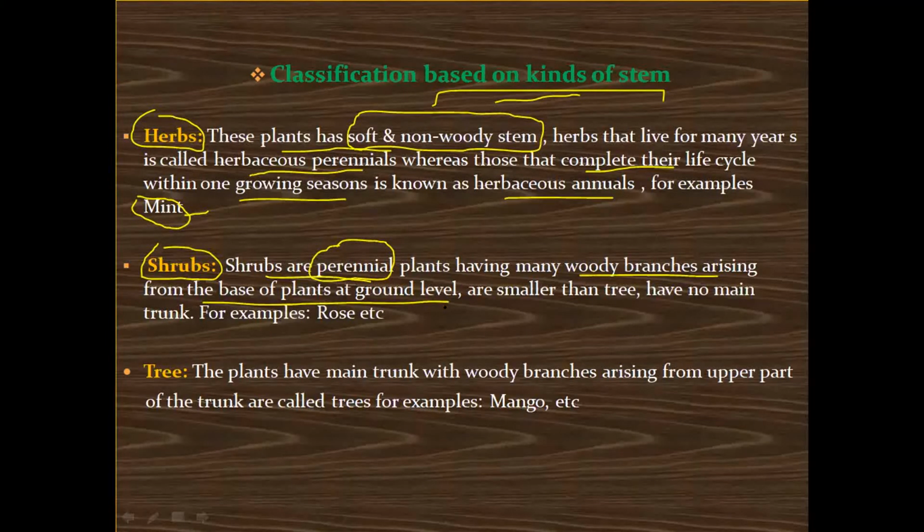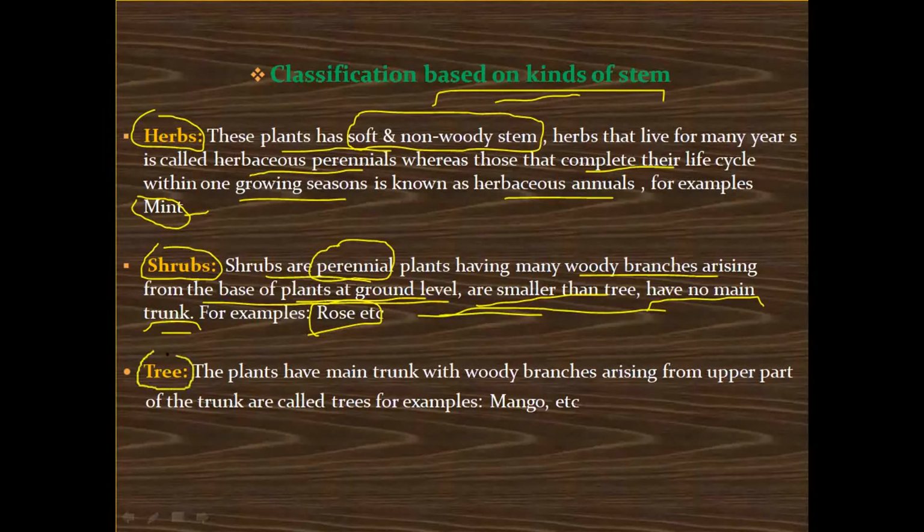Also, shrubs are smaller than trees, and shrubs have no main trunk as compared to trees. For example, rose is a very important example of shrubs, and you can see shrubs are very common in everyday life.